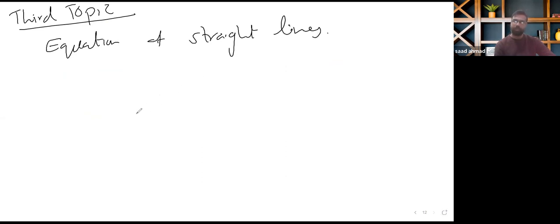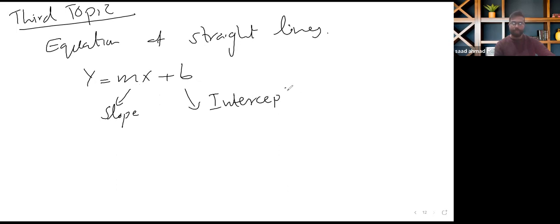The basic form is the slope intercept form, which is y equals mx plus b. m is the slope and b is the intercept.